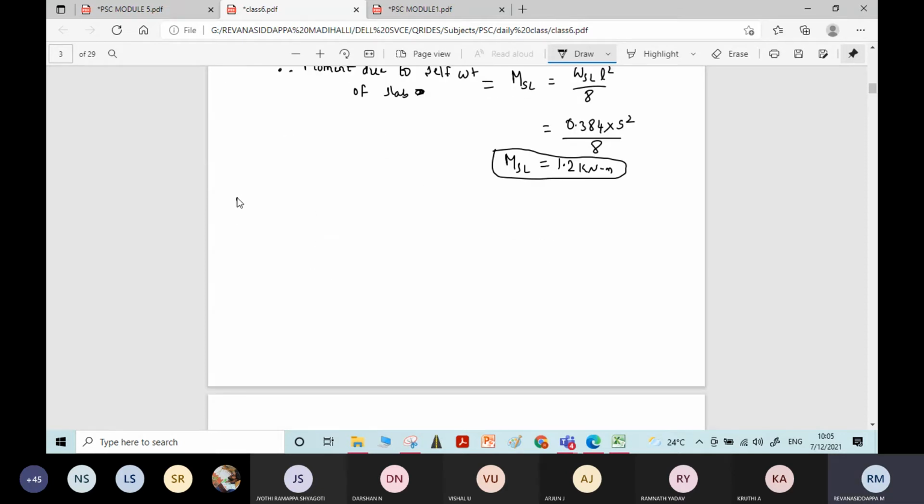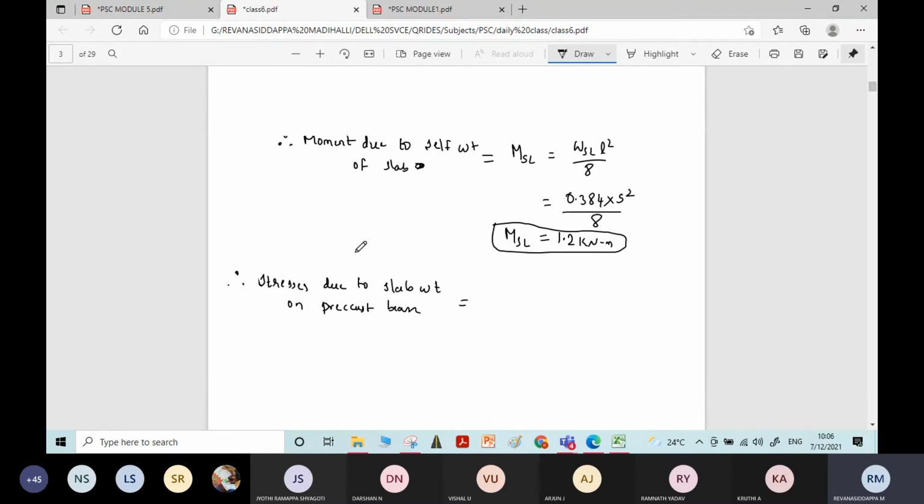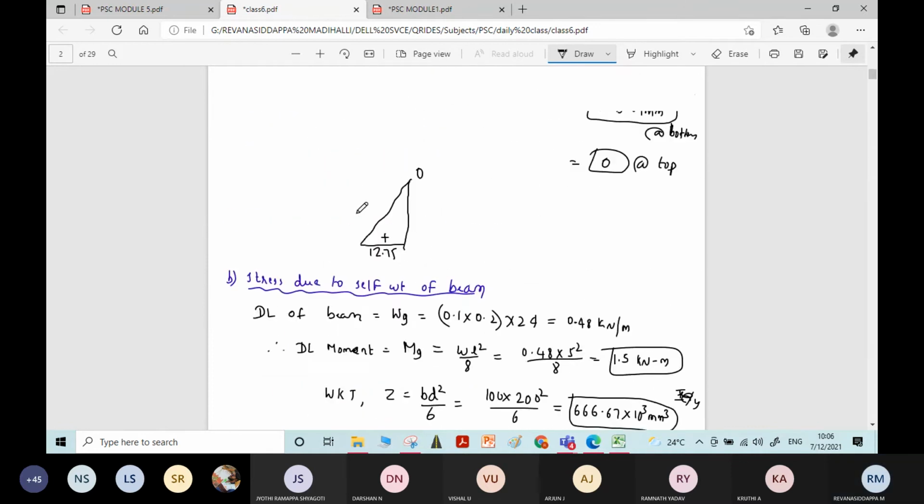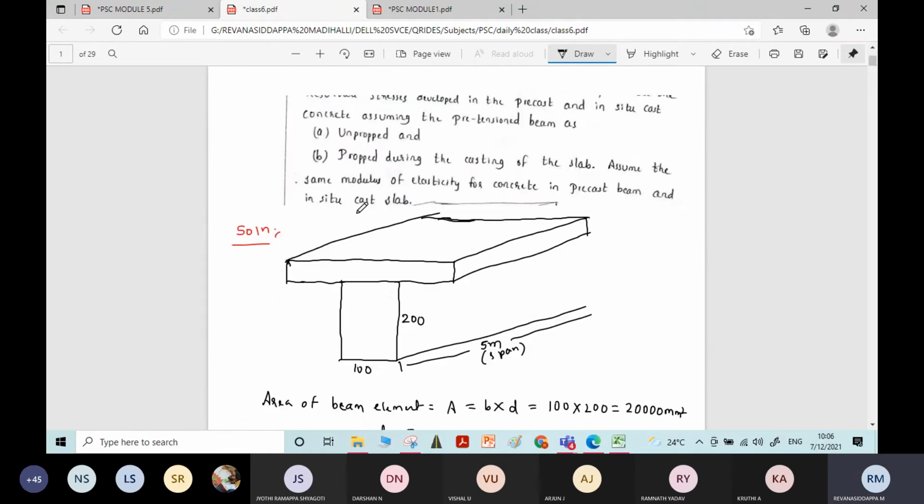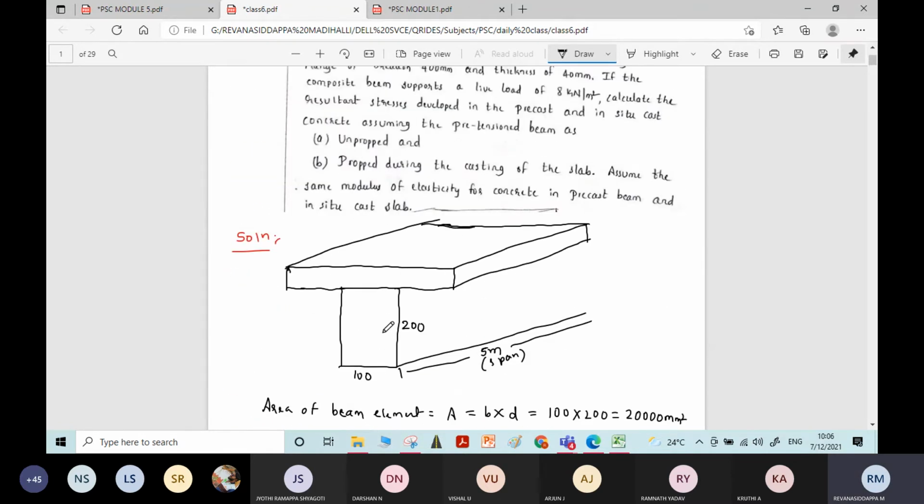Therefore, stresses due to slab weight on precast beam. Okay, see, the slab is resting over the beam, correct?